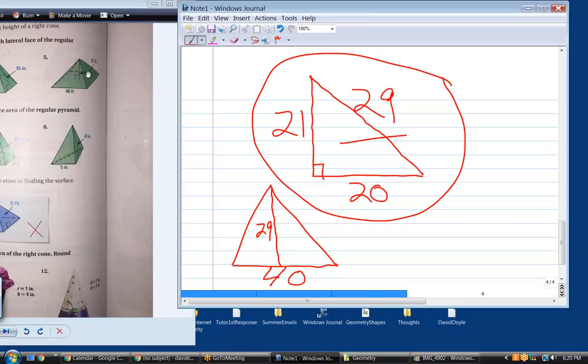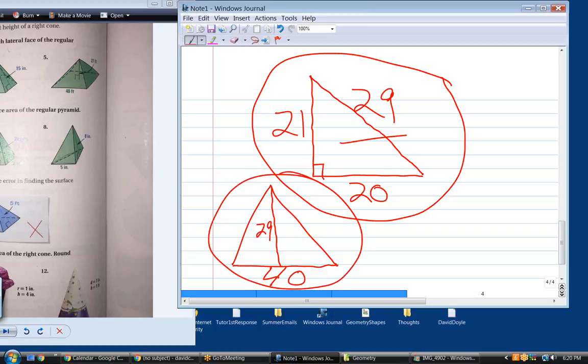Take this face, assume it's a piece of cardboard, cut it out, lay it flat on a table. The vertical would be that measurement right there, which we've just determined to be 29. So now you just have to solve that problem.